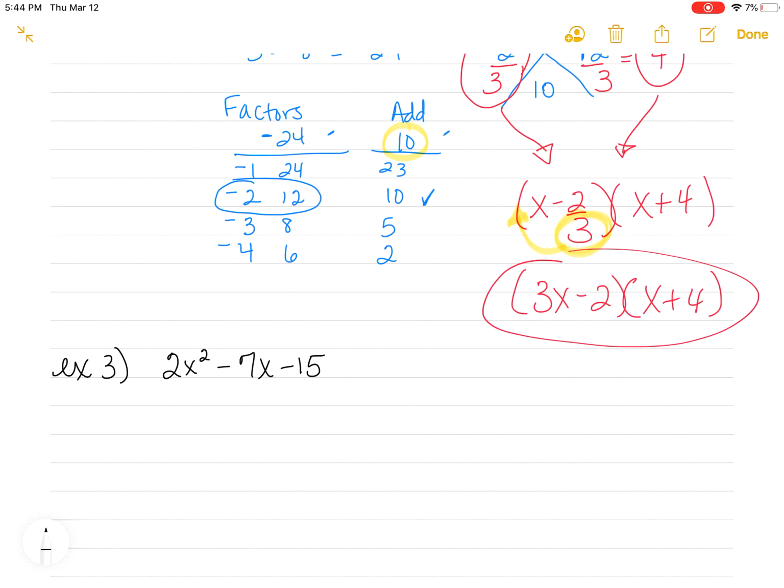All right, so if you worked that one out, 2 times negative 15, which is your A and your C, is negative 30. So you want factors of negative 30 that add to negative 7.